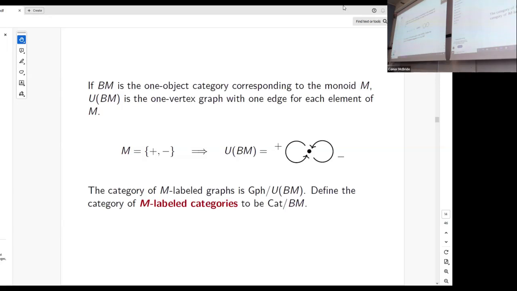Similarly, we can talk about a category of M-labeled categories to be cat over BM. So what's an object in there?